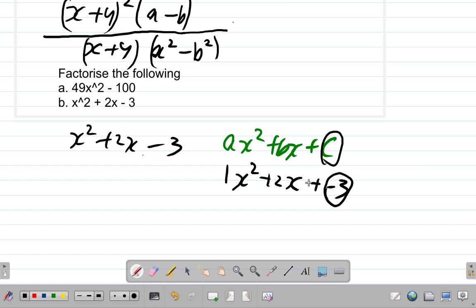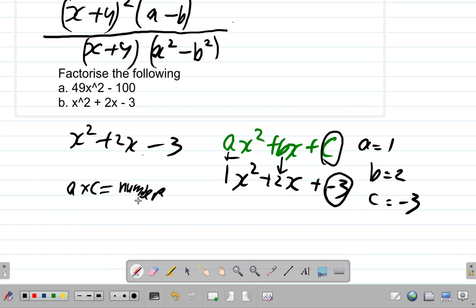C is negative 3, B is 2, and A is 1. So A is 1, B is 2, C is negative 3, when you compare what you have here with the general form, ax squared plus bx plus c. So remember the AC method, you multiply A times C and it will give you a number, right?